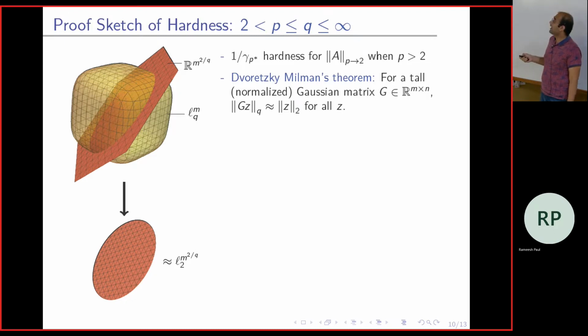Yeah. So you're thinking of this as a projection. It's a tall matrix, in the sense that the columns are large compared to the rows.